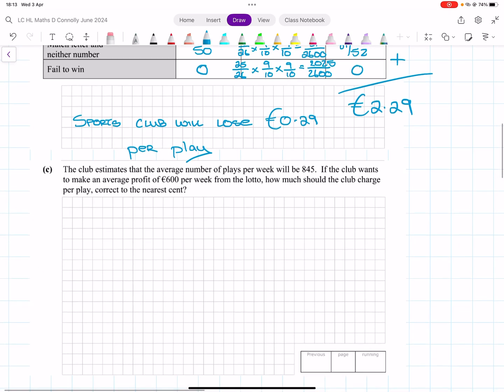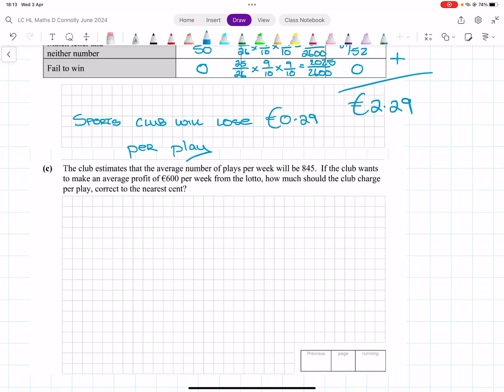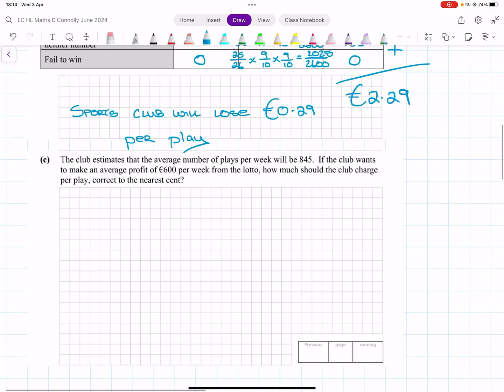Okay, the club estimates that the average number of plays per week would be 845, and if the club wants to make a profit of 600 per week in the lotto, how much should they charge per play? So 600 quid divided by 845.